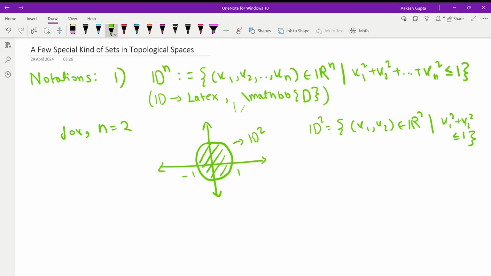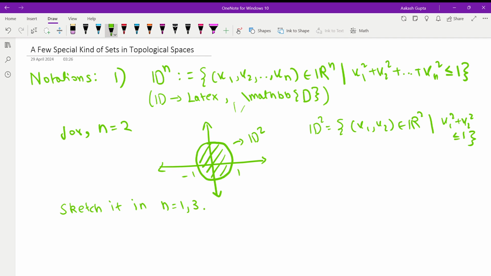So maybe you can sketch it in n equal to say 1 and 3. Of course, beyond that you cannot sketch it, or a human mind cannot visualize it, right? Because the dimension would be bigger than 3.